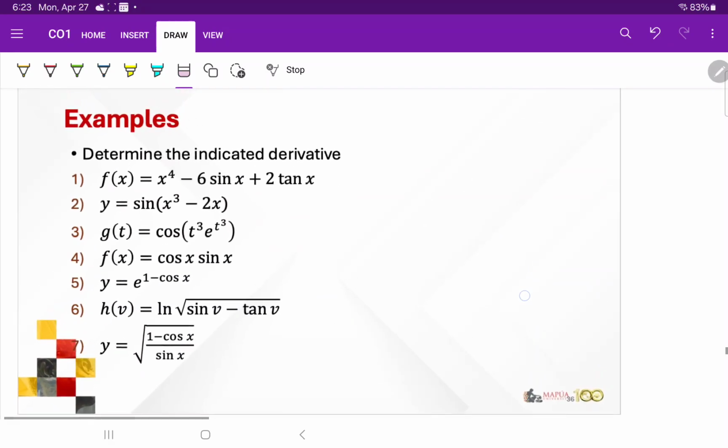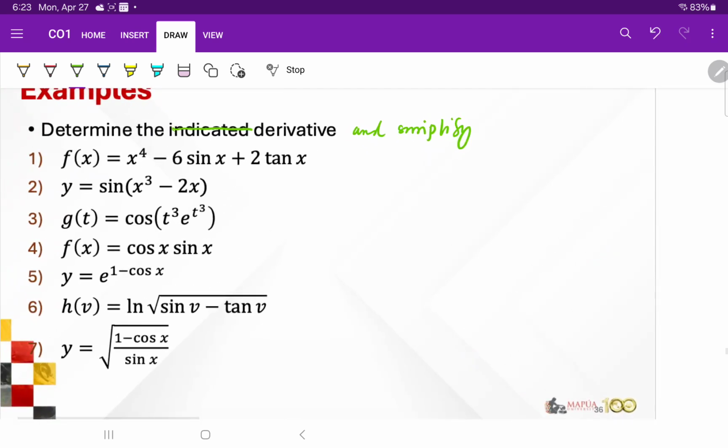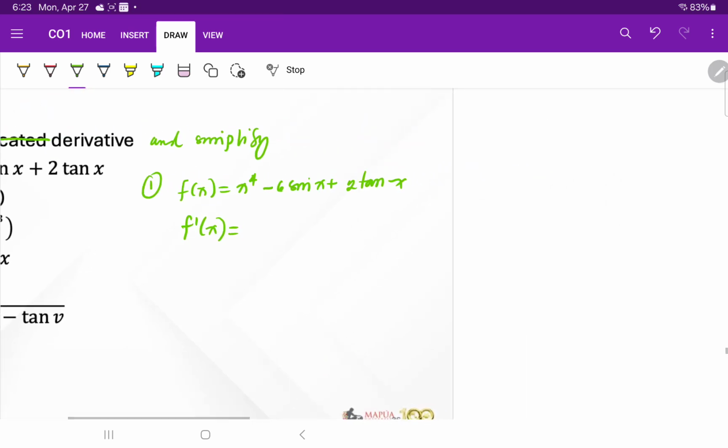The question is: find the derivative and simplify. Let's have the first example. For number 1, we're given f of x equals x to the 4th minus 6 sine x plus 2 tangent of x. What's our derivative? We find the derivative of each term separately. The derivative of x to the 4th is 4x cubed.